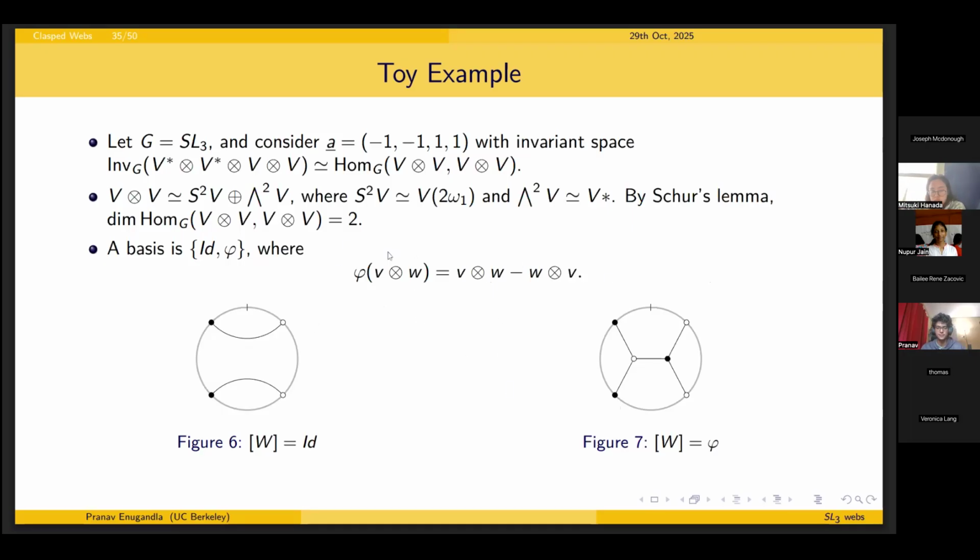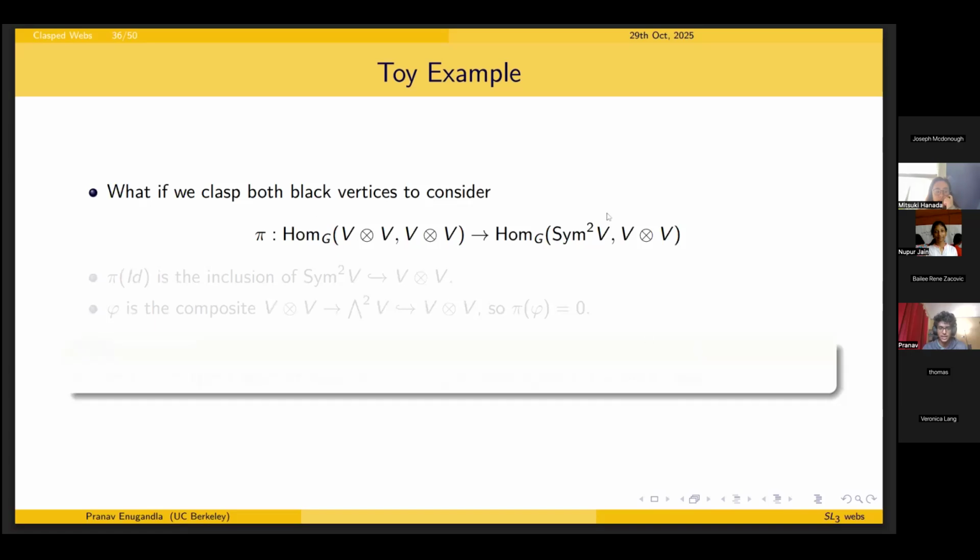So if I have V tensor V and I apply this map phi to it, I'm going to get V tensor V minus V tensor V, that's 0. So somehow this web on the right is killing the, or is killed by this projection. This projection is coming from restricting any map from V tensor V to the symmetric power sitting in there. So this is sort of what I'm remarking here.